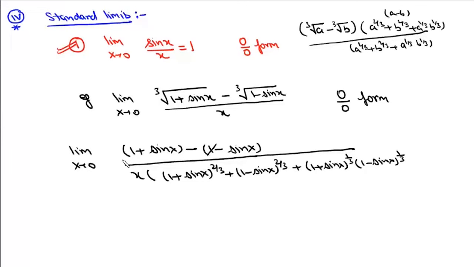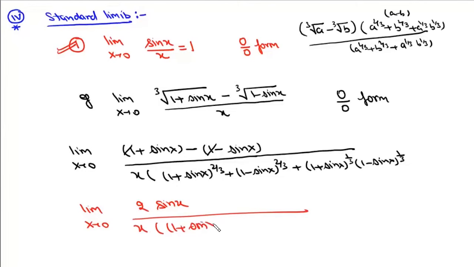Now here this 1 and 1 will cancel. So we can write this as this limit x tends to 0 of 2 sine x upon x, and here it is (1 plus sine x) to the power 2 by 3 plus (1 minus sine x) to the power 2 by 3 plus (1 plus sine x) to the power 1 by 3 into (1 minus sine x) to the power 1 by 3.